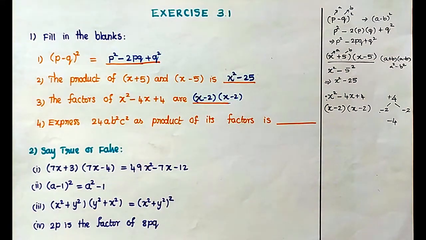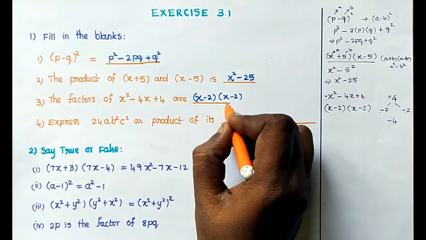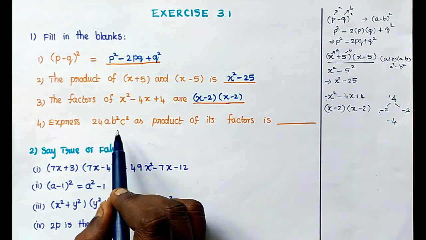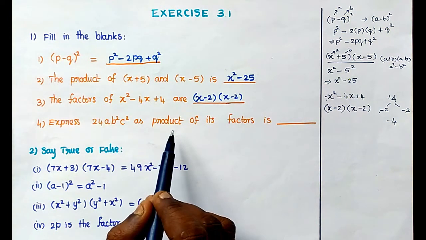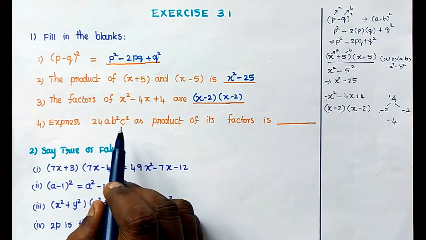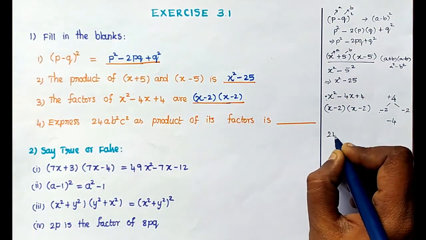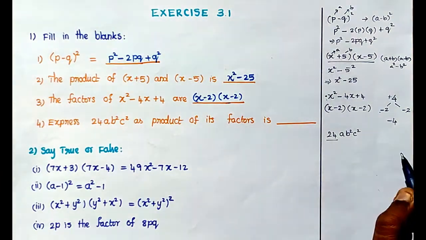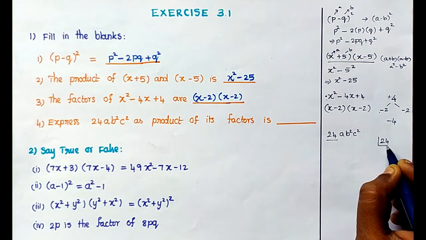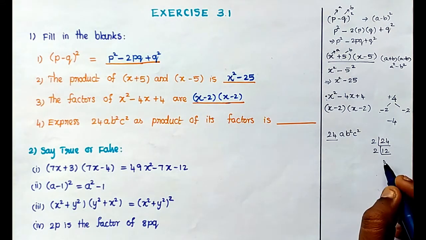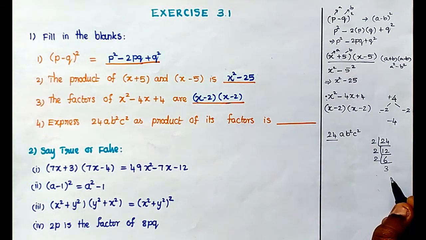Next one, express 24ab squared c squared as a product of its factors. First factorize the number 24. 12 twos are 24, 12 is again divisible by 2, that is 6 times 2, and 6 is again divisible by 2, giving 3 times 2.